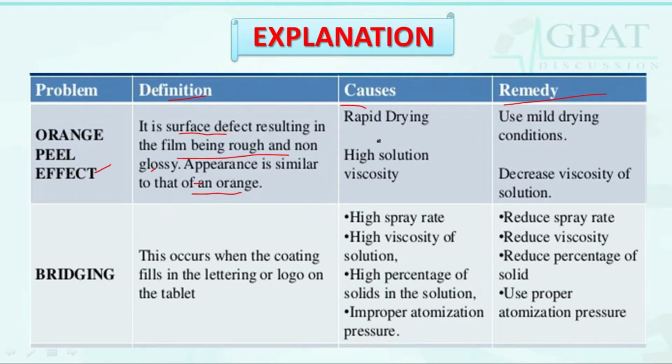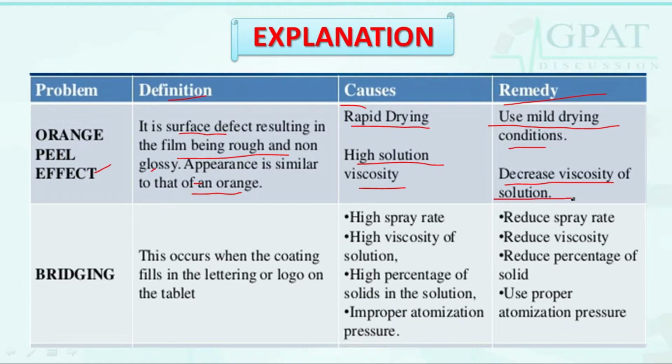And what are the causes of this? That is rapid drying and high solution viscosity. So how can we solve these problems? Rapid drying can be solved by using mild drying conditions, and high solution viscosity is solved by decreasing the viscosity of the solution.